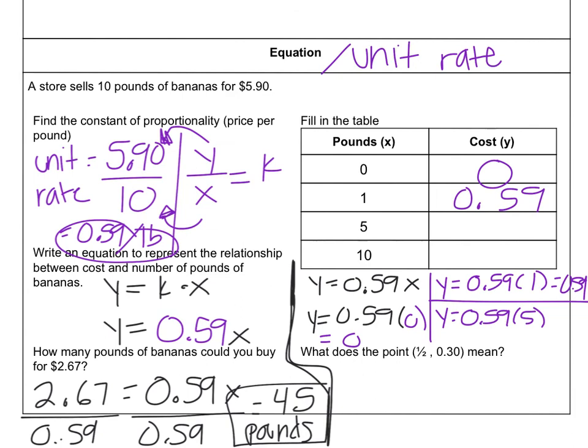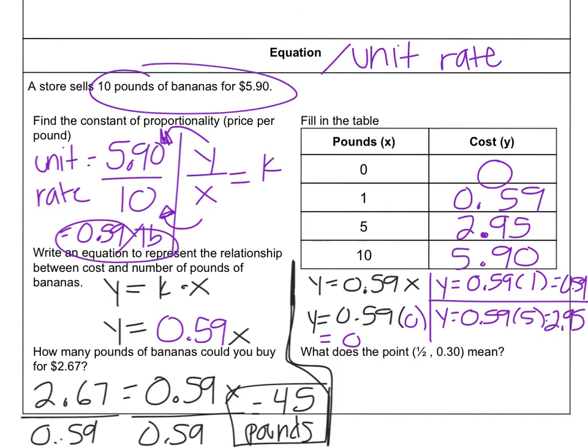That would be $2.95, right? And lastly, how much would 10 pounds cost? Well, it already tells me up here, so I don't even have to do any math. I just have to see, oh, I already know that. Okay? I try to squeeze a lot into this.